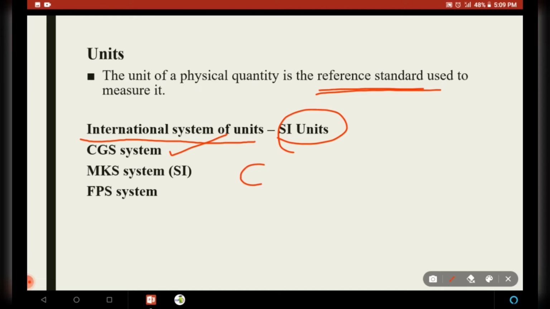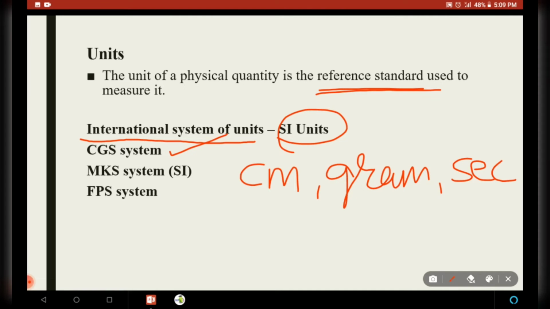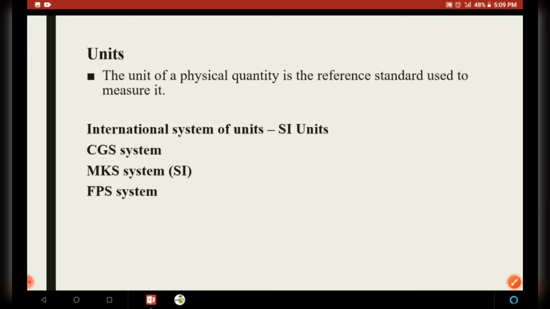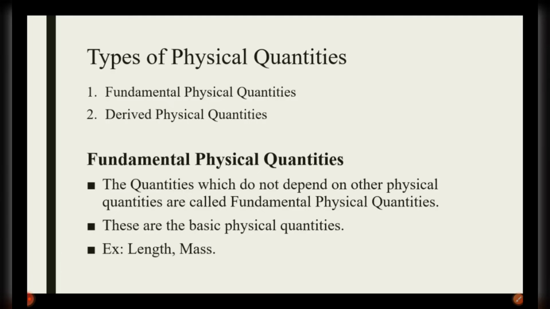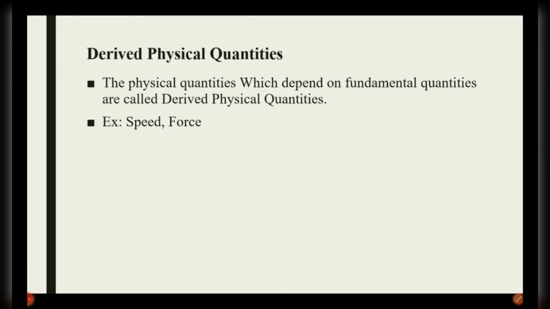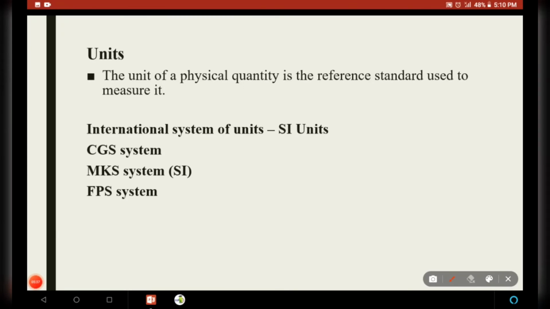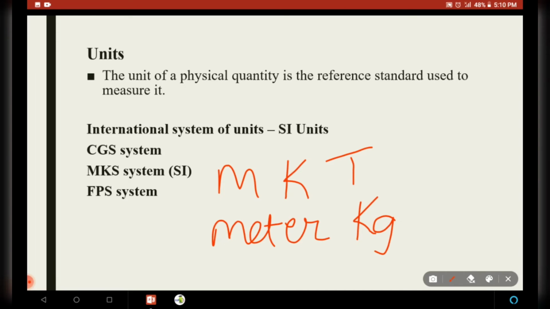CGS is nothing but centimeter, gram and second. Centimeter is for length, gram is for mass and second is for time. This is the CGS system. Then the MKS system. M means meter, K means kilogram, S means second.